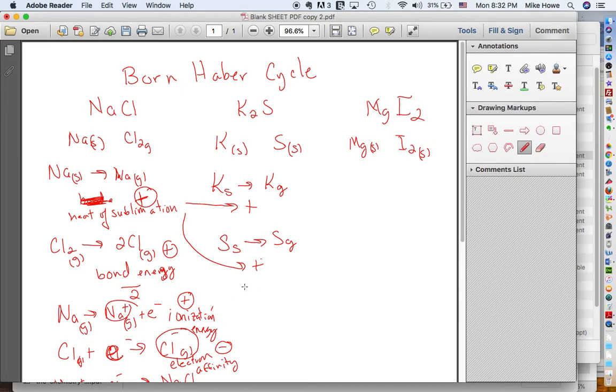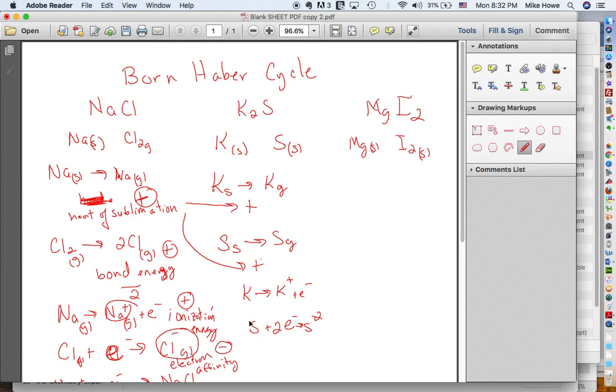All right, the potassium has to lose an electron. The sulfur has to gain an electron. But actually the sulfur is going to gain 2 electrons because the sulfur has 6 electrons in its outer shell. So it would want to gain 2 more to get to 8.